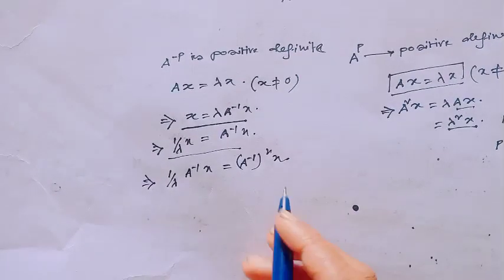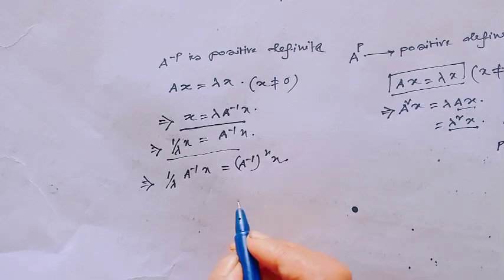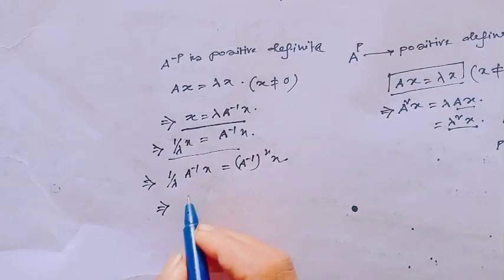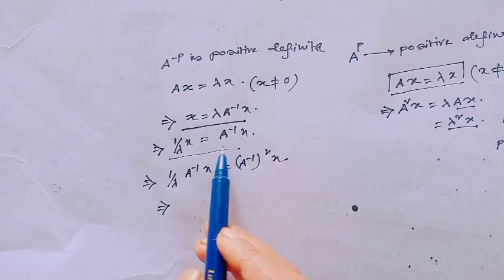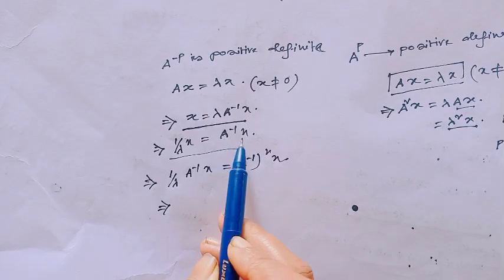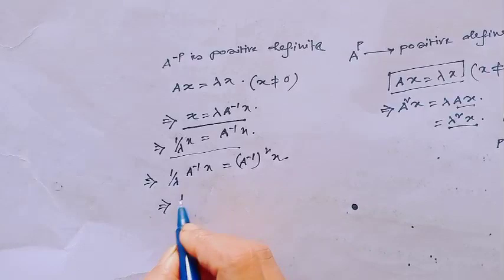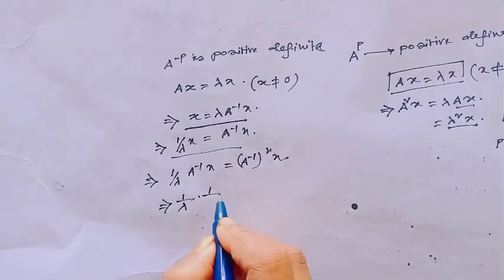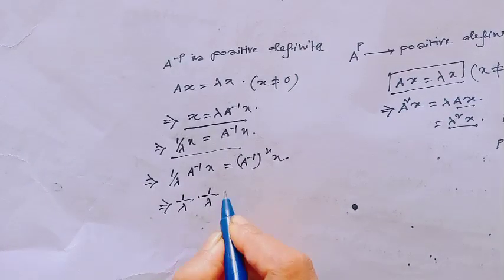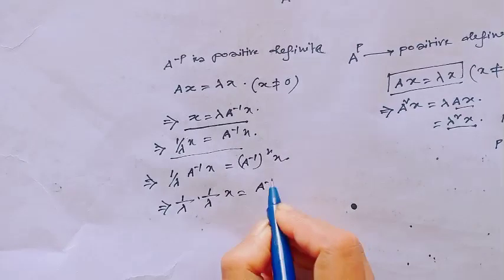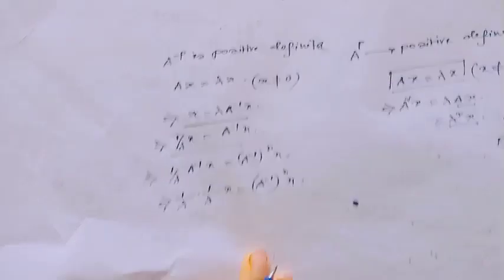Therefore, here I have got that the eigenvalue of A inverse is always 1 over lambda. So here this value would be 1 over lambda times A inverse x, which is A inverse whole square times x.